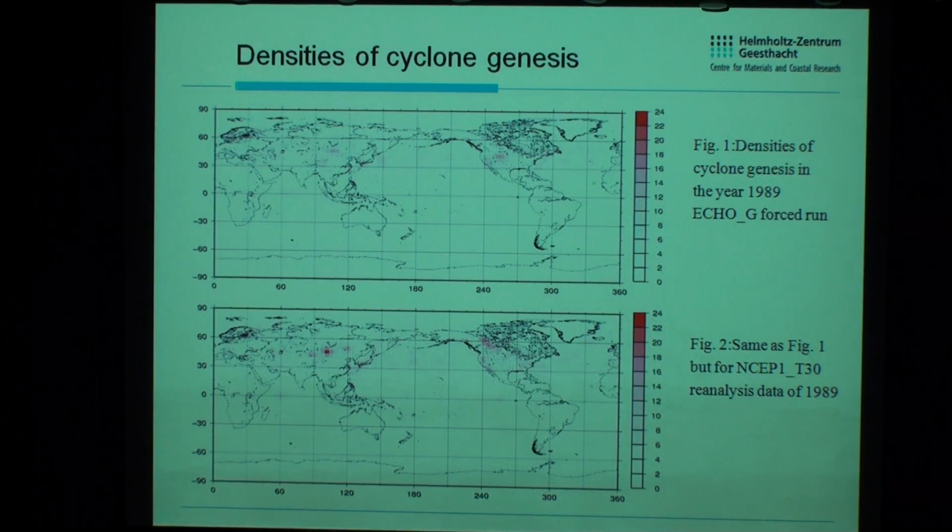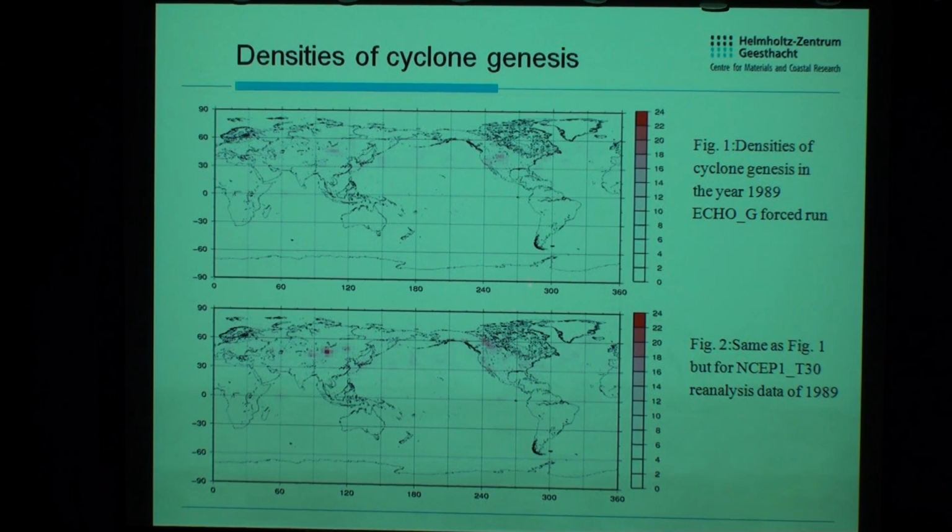Just for validation, we compare our results with NCEP reanalysis data, to make sure our tracking algorithm did the right thing. This shows the density of cyclone genesis, that is, the first point of the tracks, where the track begins.